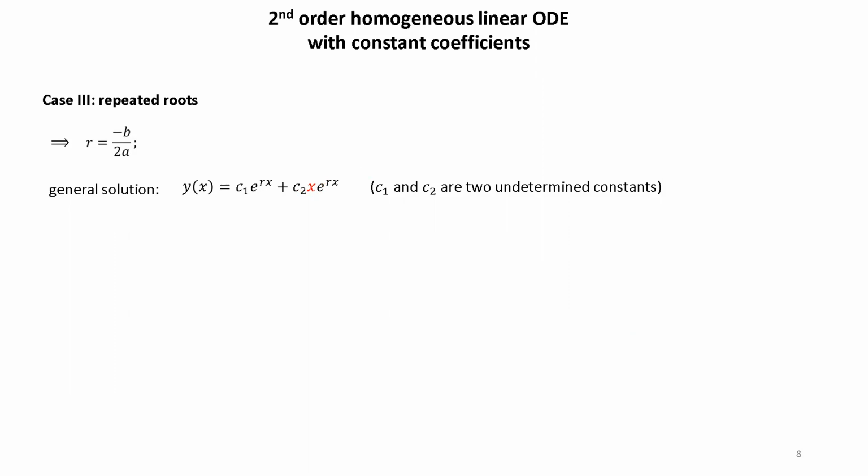Of course, I will have a better, maybe a bit more satisfying answer, but first, let's do a small exercise and verify that this one is indeed a solution to this equation.